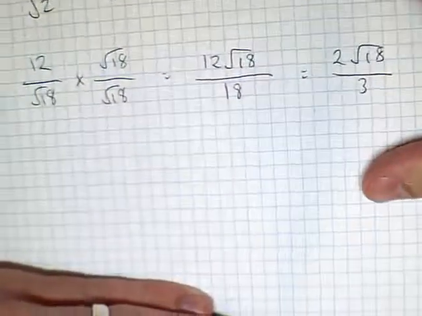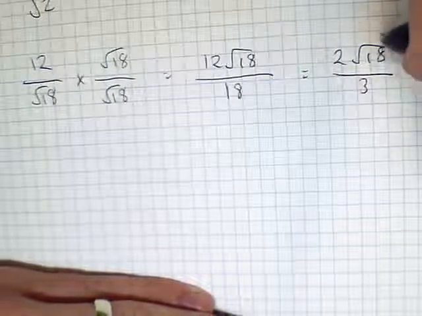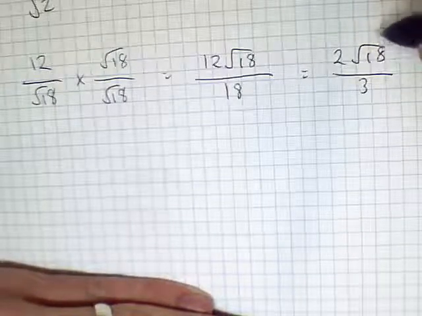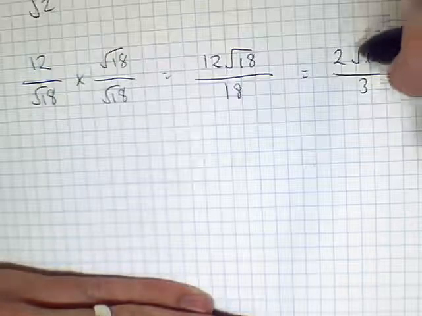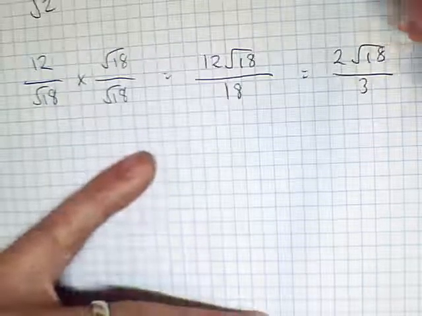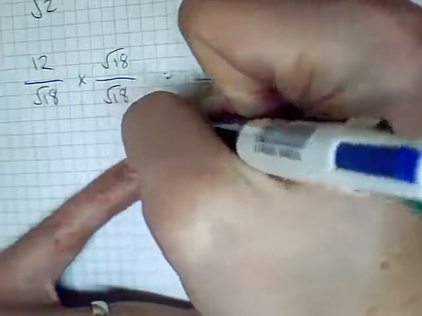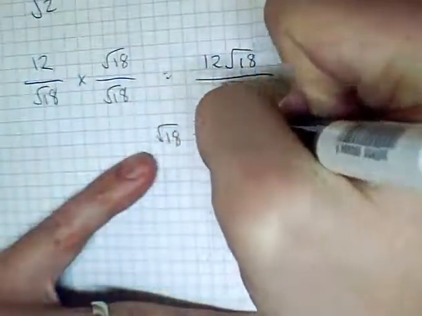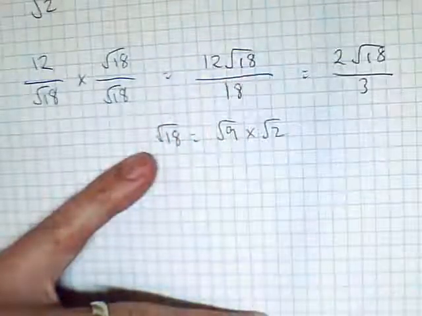So I need to simplify this a bit more. Now, root 18, any value bigger than 10, I would say, is quite a big surd. So you need to see if you can simplify it further. So root 18, you can write as root 9 times root 2.